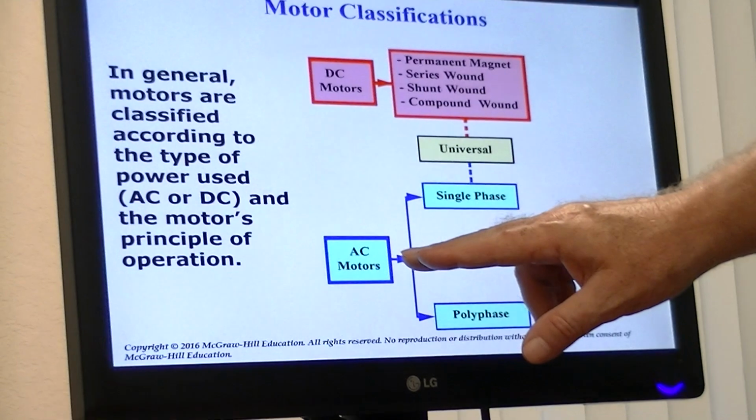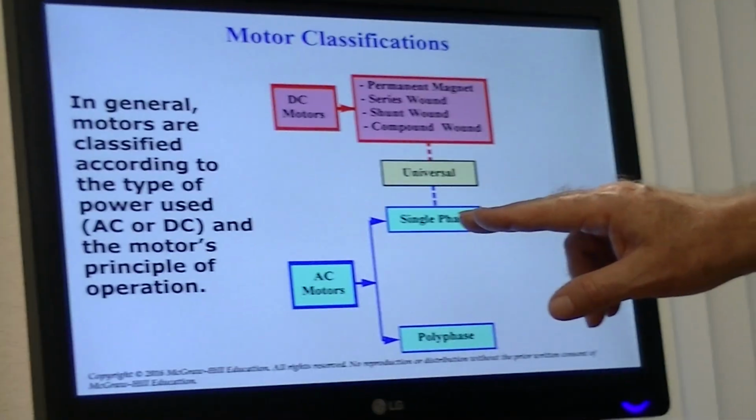Not saying that DC motors aren't used. In fact, there's a lot of applications, more all the time, with the electric cars that are coming out. That's true. And we've all seen the alternators and generators in cars, even the gasoline-driven cars. Okay, but generally, you've got either a single-phase motor.